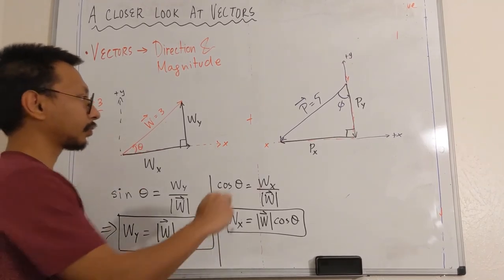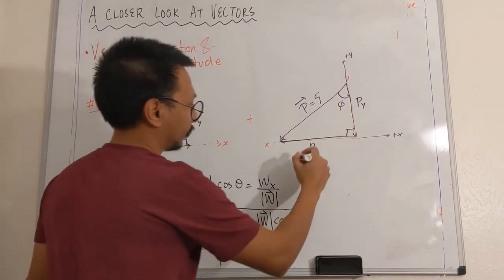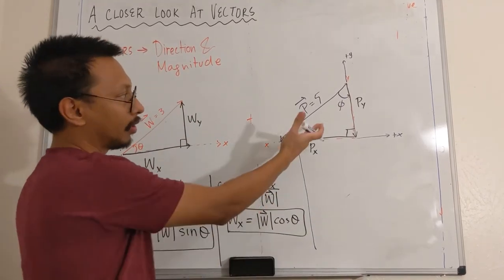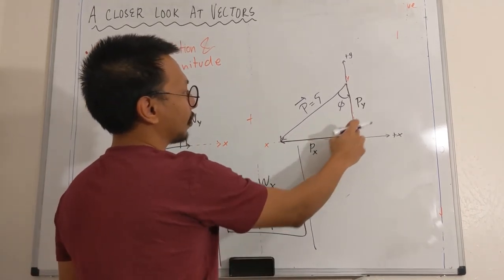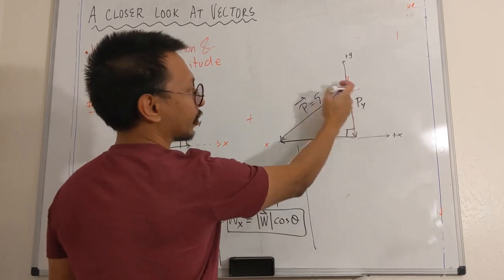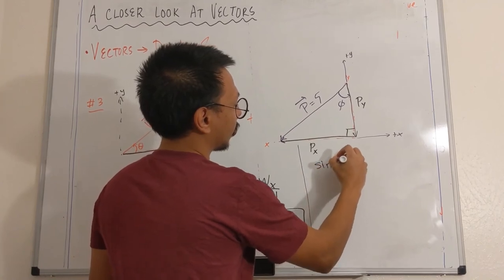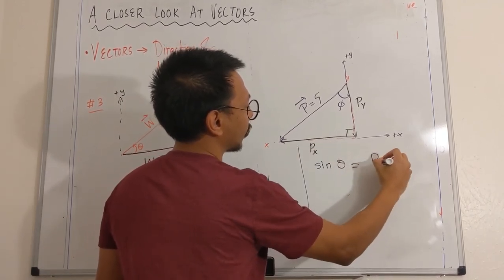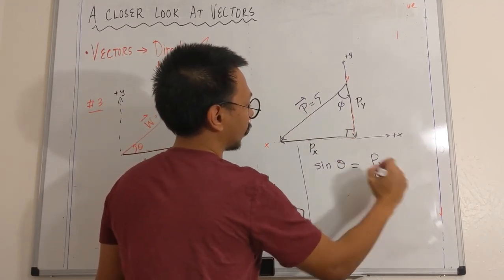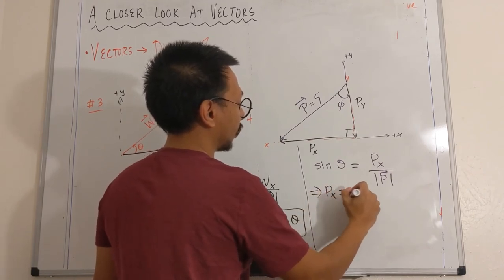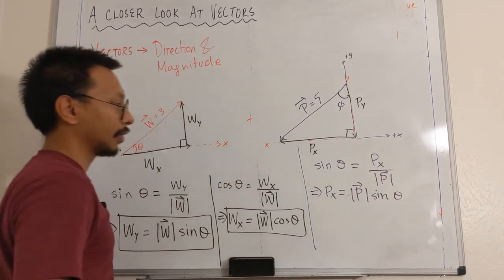All right, let's move on to finding what we have there. So we'll use a similar right angle triangle, but see, now px is the opposite, py is the adjacent to that angle. Okay, so for px we'll have sine theta equals opposite px over hypotenuse, which is magnitude of p. So px is magnitude of p times sine theta.